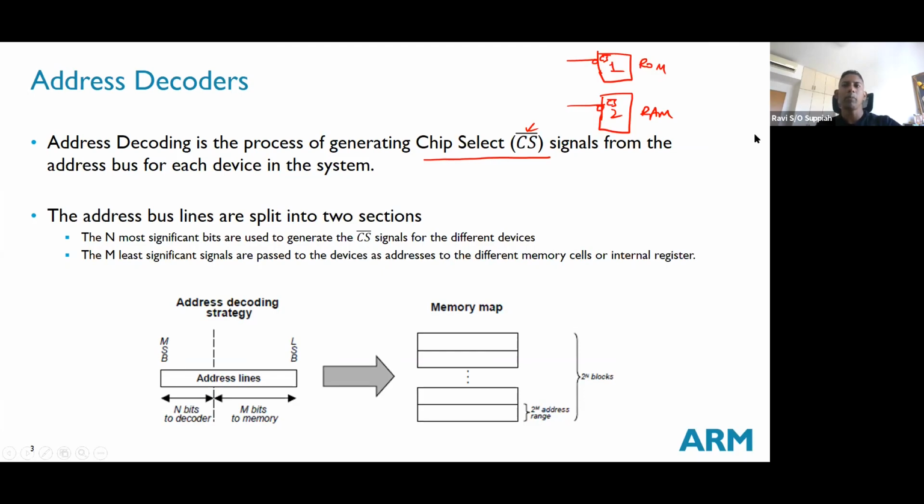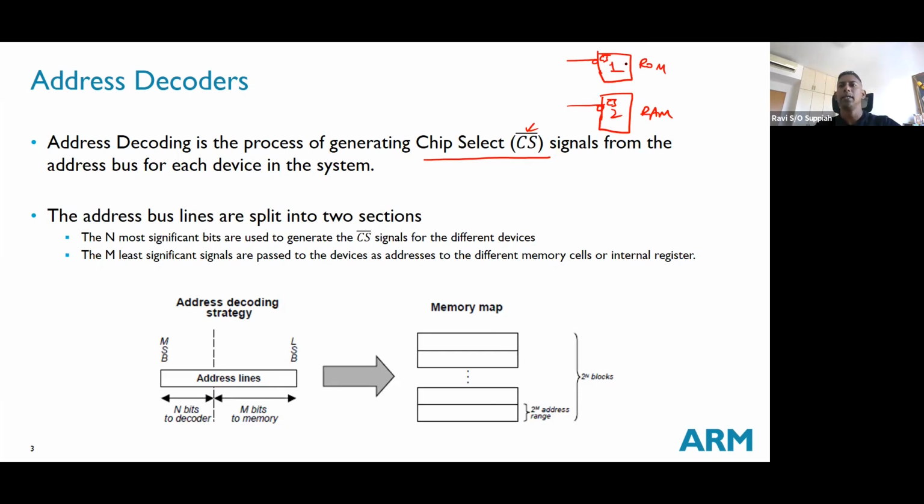That means only when the chip select pin is in the active state is that device able to communicate. If not, it goes into a mode where it cannot send or receive any information. So how do we make sure that I select the correct device?